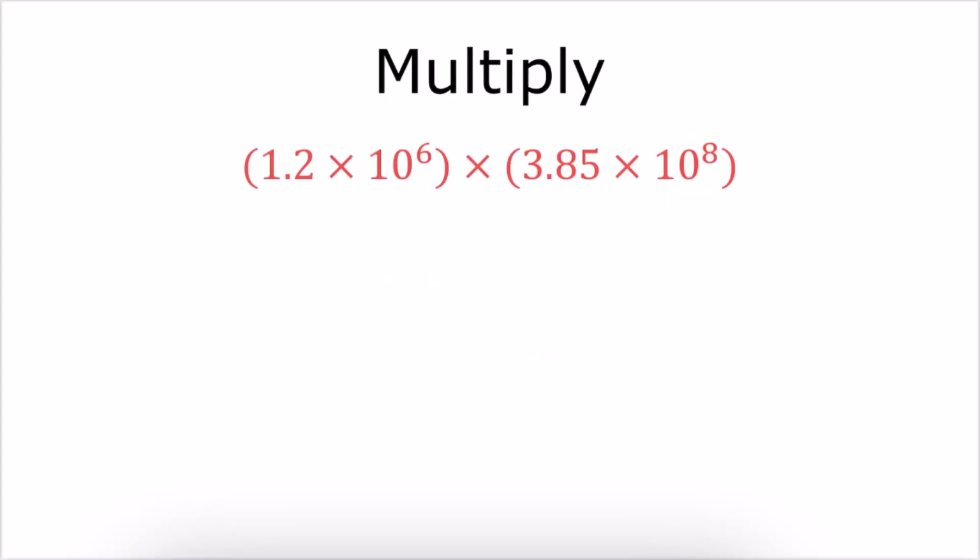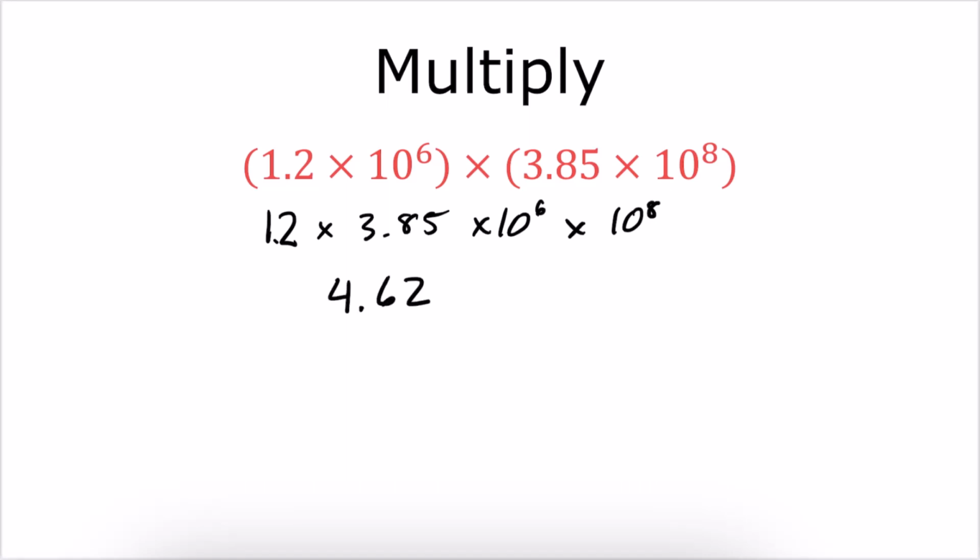However, multiplying in scientific notation is much easier. If you're multiplying two numbers in scientific notation, you can use the commutative property of multiplication to rearrange the problem. You can think about this as 1.2 times 3.85 times 10 to the 6th times 10 to the 8th. When I calculate 1.2 times 3.85 in my calculator, I get 4.62.